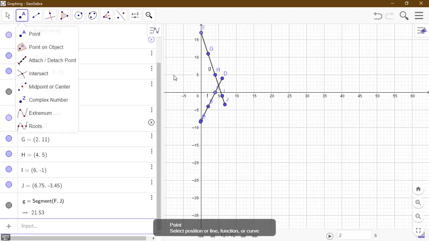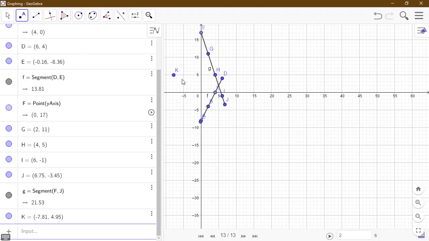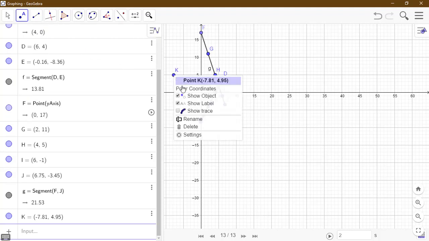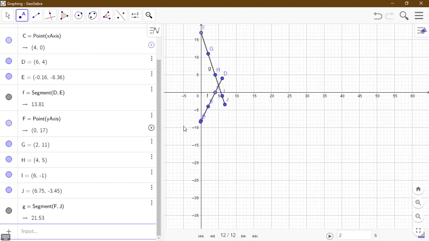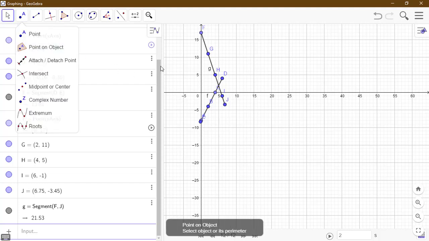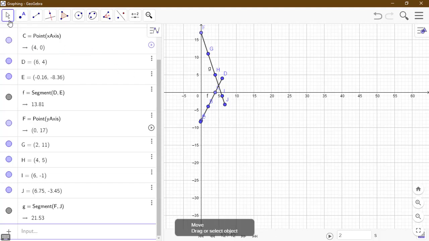No, I don't want another point again. So now from the graph we can see clearly that we have the graph here. Our point now where the two lines meet is the point.